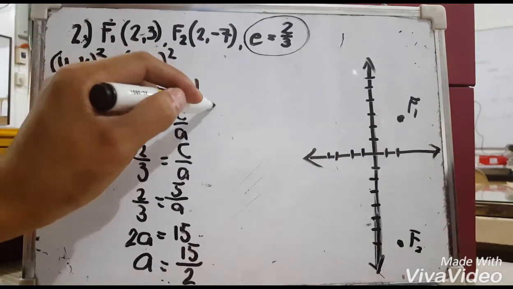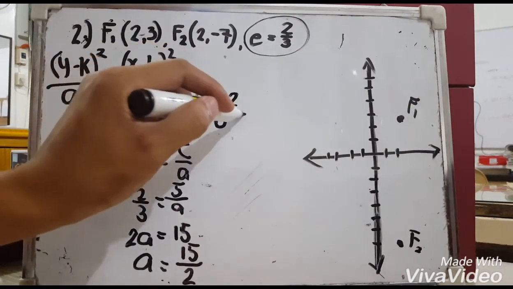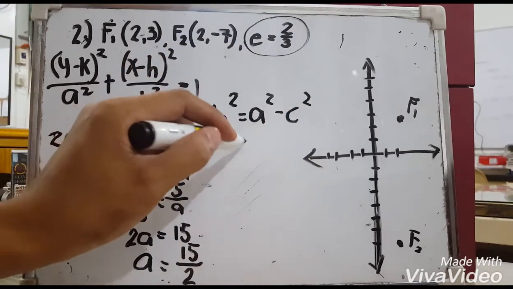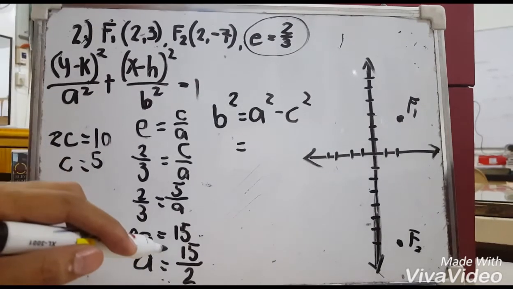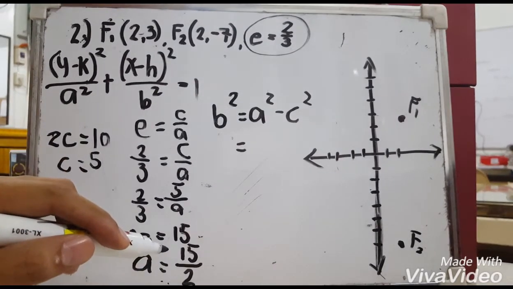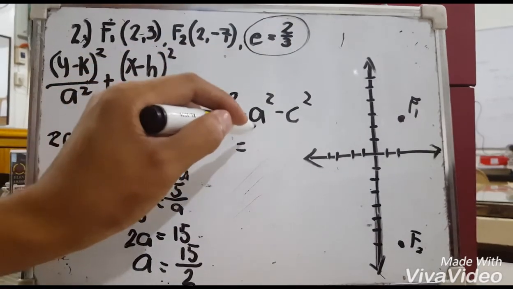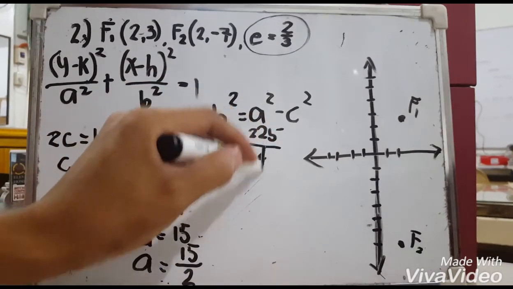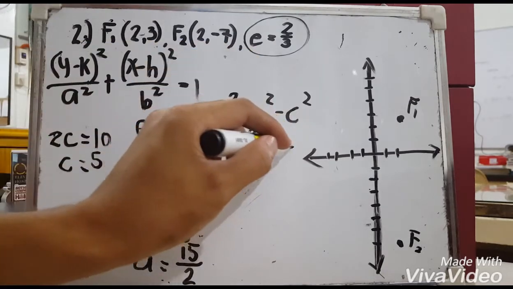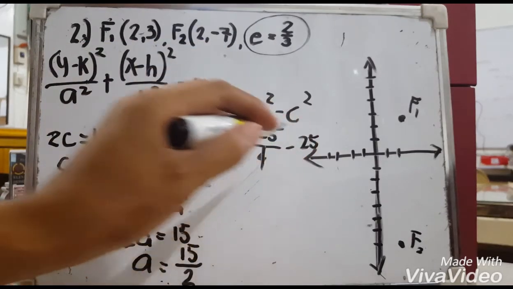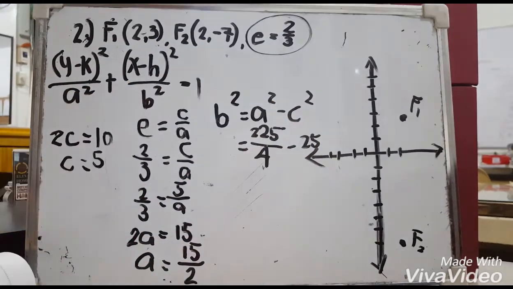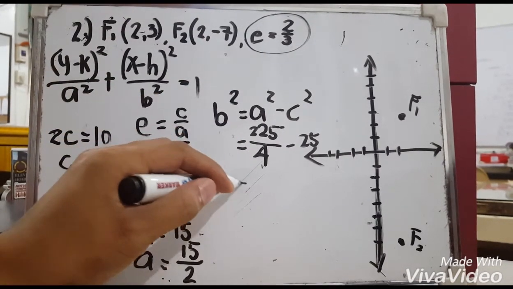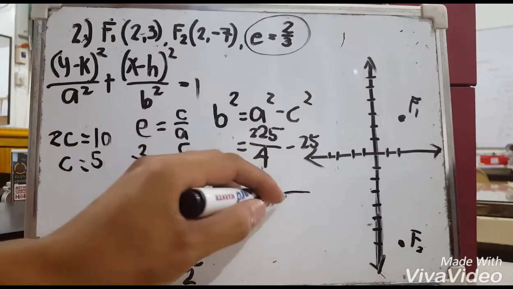Okay? And then, we now have a and c. We can now solve for the value of b squared. b squared is again a squared minus c squared. So from here, (15 over 2) squared is 225 over 4 minus c squared, which is 25. Okay, so solve for b squared. We now have the LCD is 4.